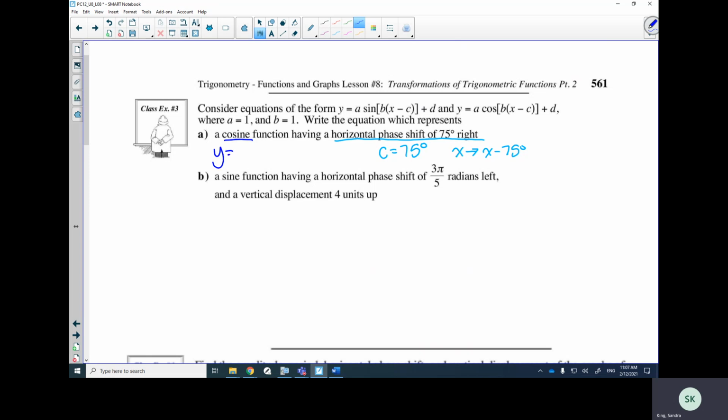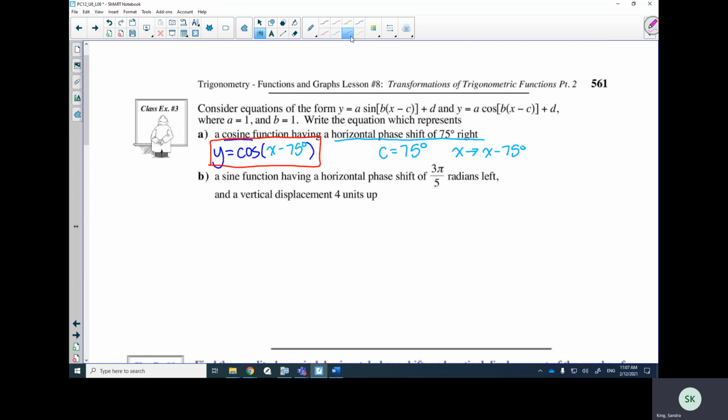So that would be Y is equal to the cosine. If it is an X or a C parameter, that goes in the bracket. So in my bracket, I'm going to write X minus 75 degrees. And that is my transformed function. It was just the cos graph moving 75 degrees to the right, and that's how I would illustrate that.